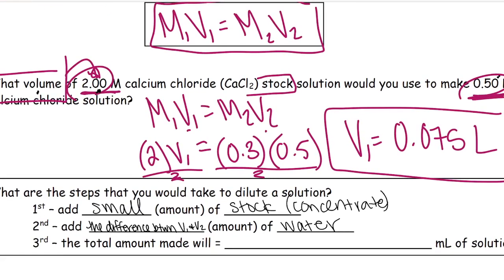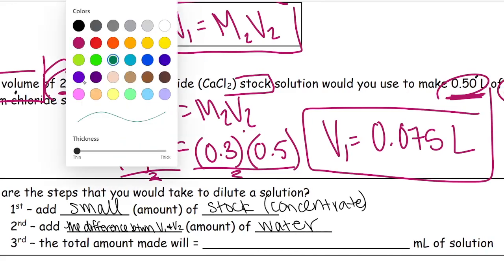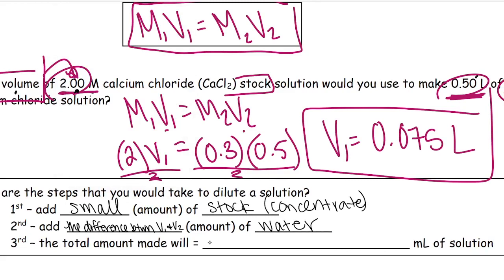So then the total amount of solution that you make will equal the volume 1 plus the volume of water.